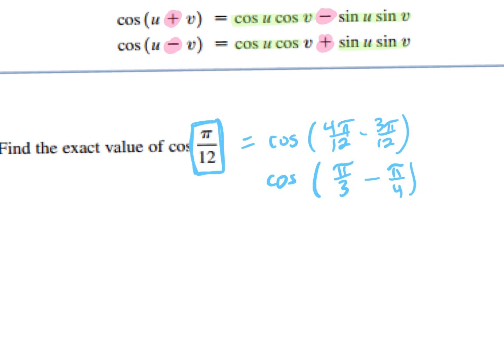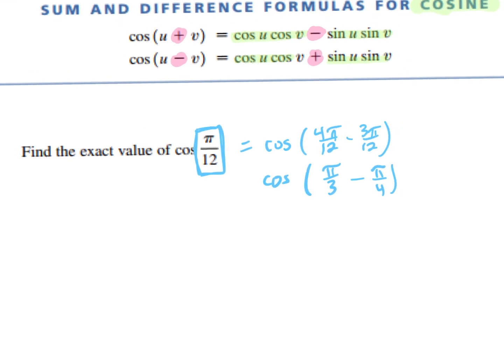All right, so the formula tells us if we're doing cosine and we've got subtraction there, look right above. It's telling us we're going to do the cosine of pi over 3 times the cosine of pi over 4, and then it's going to be plus the sine of pi over 3 times the sine of pi over 4.